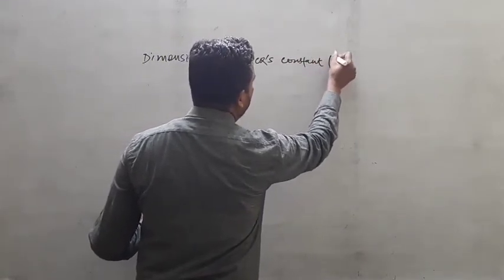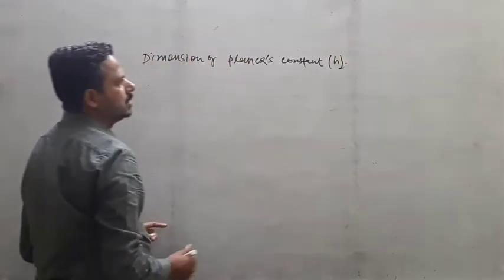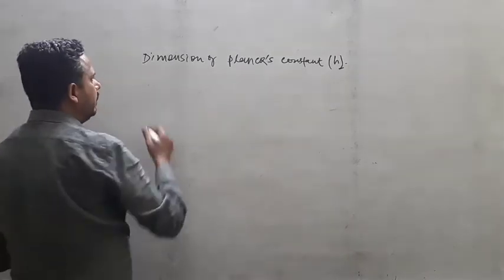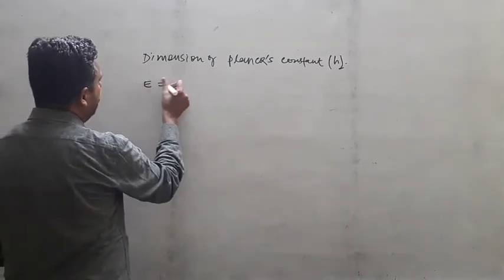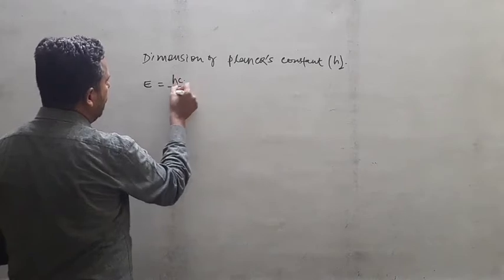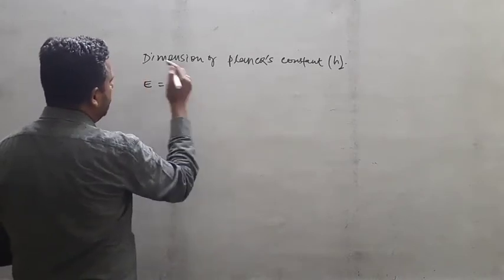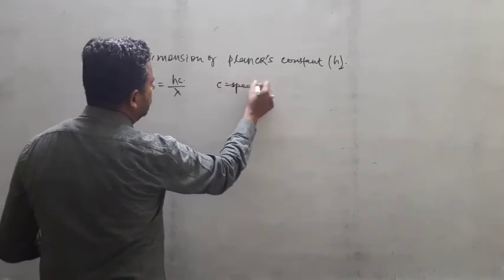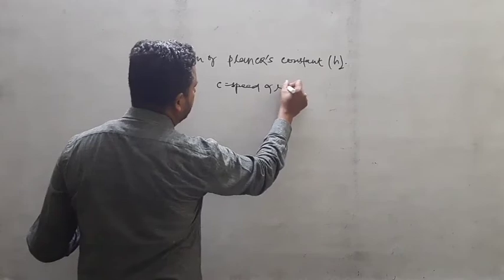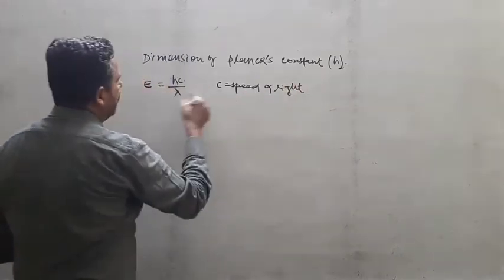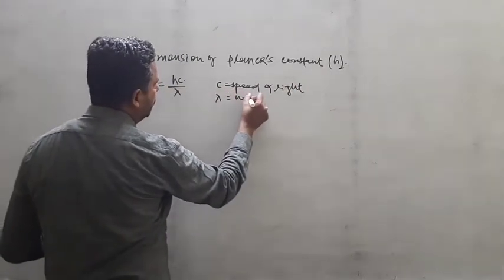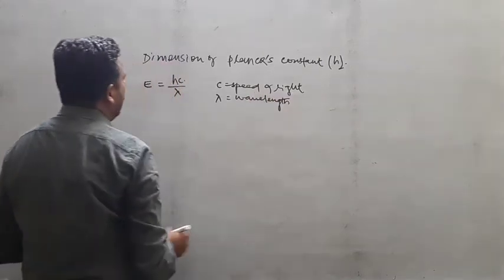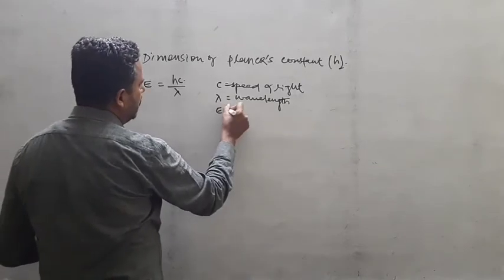Basically, it is represented by h. So there is a relation of Planck's constant with energy: E is equal to hc by lambda. Here c is the speed of light, lambda is the wavelength, and E stands for energy.